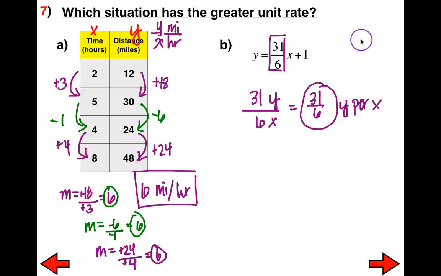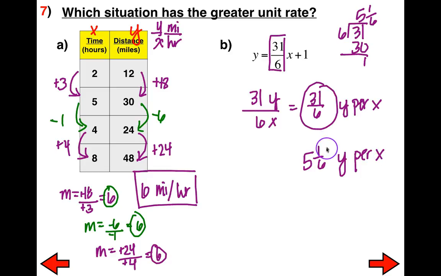This can be turned into a mixed number. Why would I want to do that? So that I can actually compare it more easily to 6 to see if it is bigger or smaller. So in my side work, I'm going to do 31 divided by 6. It's going to go in 5 times with a remainder of 1. So it's 5 and 1/6 y per x. So between these two, which one has a greater unit rate?